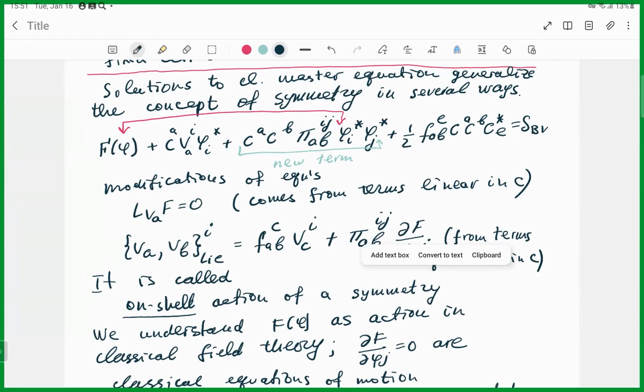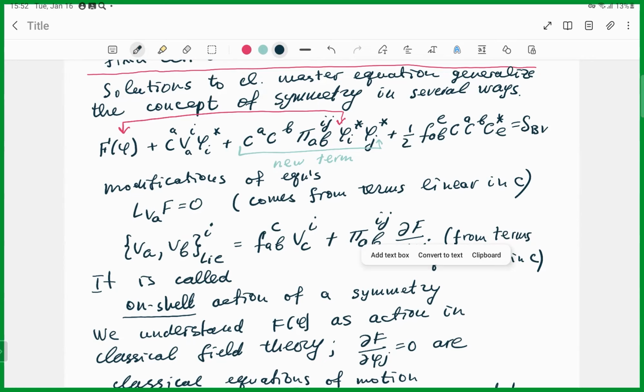I'm wondering if this has anything to do with an anomaly in quantum mechanics. No, it's not about anomaly.